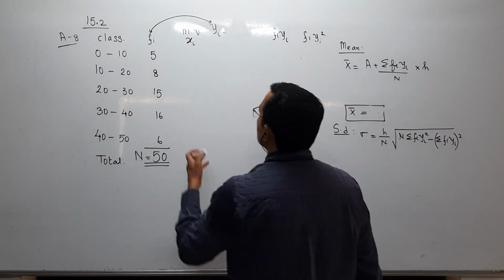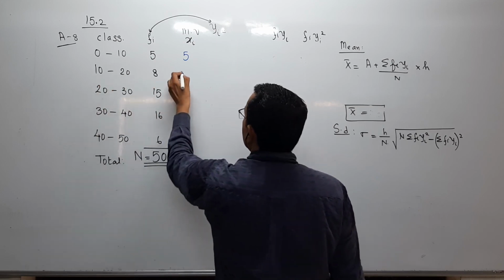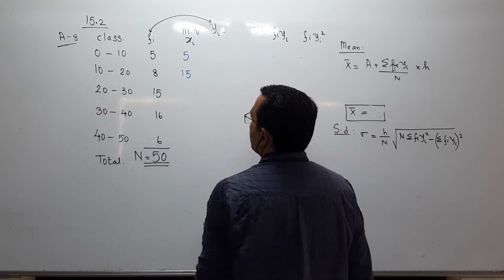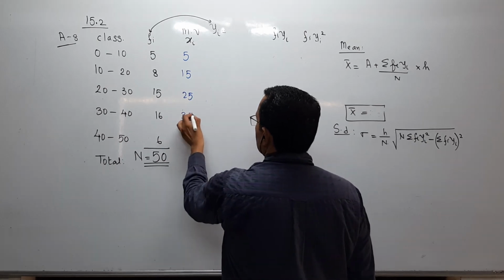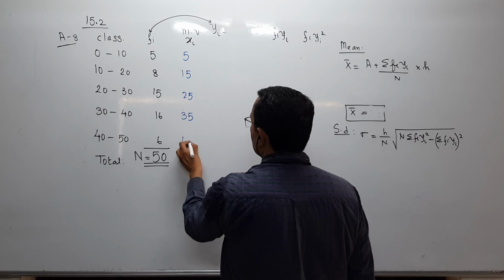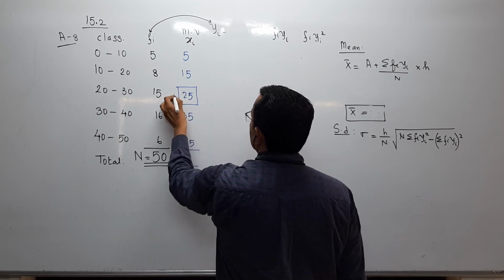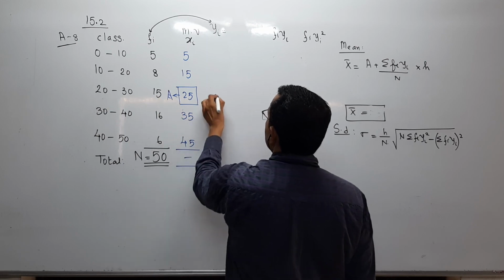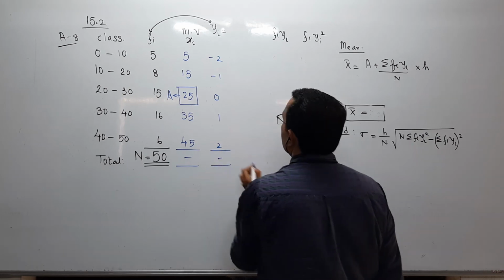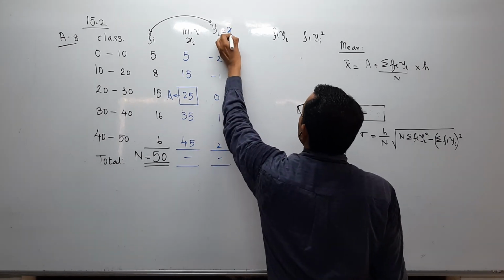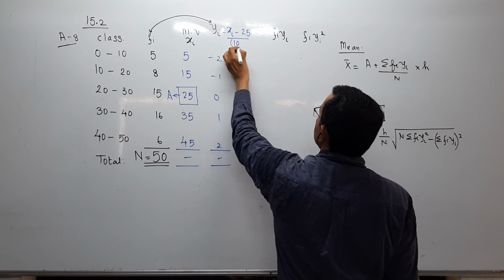0 plus 10 by 2, so 5. 10 plus 20, 30 by 2, so 15. 50 by 2, so 25. 70 by 2, so 35. 90 by 2, so 45. This is nothing but our assumed mean with 0, minus 1, minus 2, 1, 2, written beforehand. yi is equal to xi minus a upon h. h is 10.